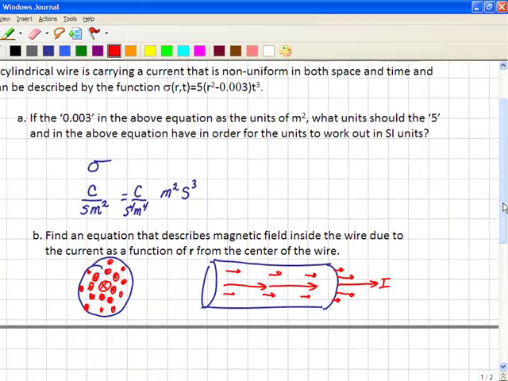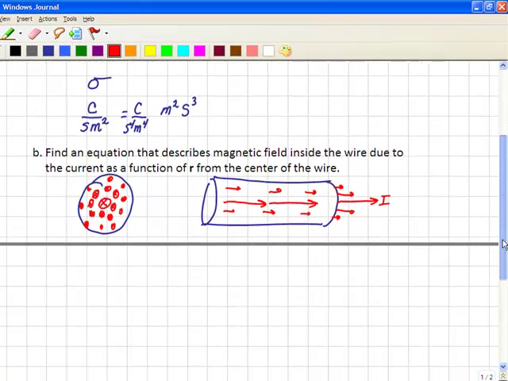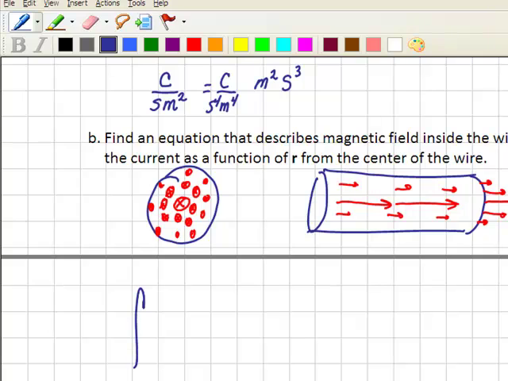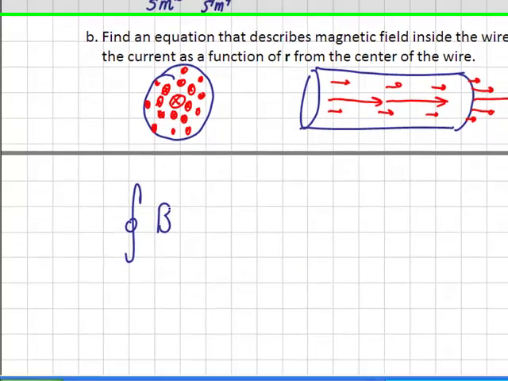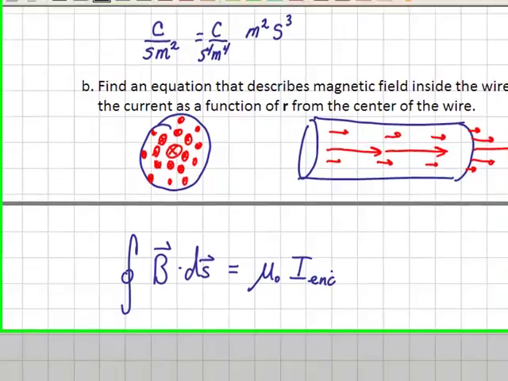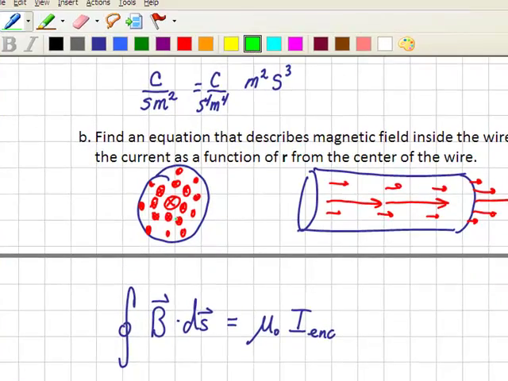Okay, so because it is non-uniform, this means that we're going to integrate. And we first need to remember Ampere's law. Ampere's law is that the closed line integral of the magnetic field is going to equal mu naught times the current enclosed by our Amperian loop. And we always have to define our Amperian loop.